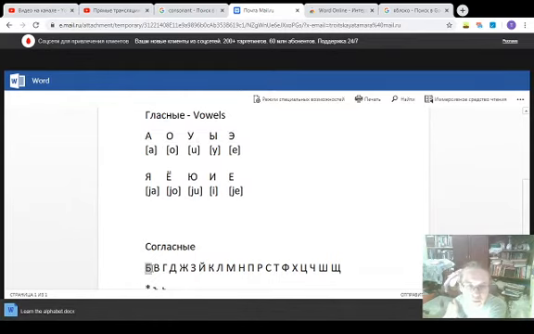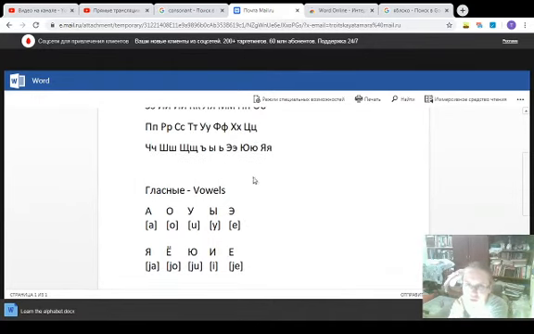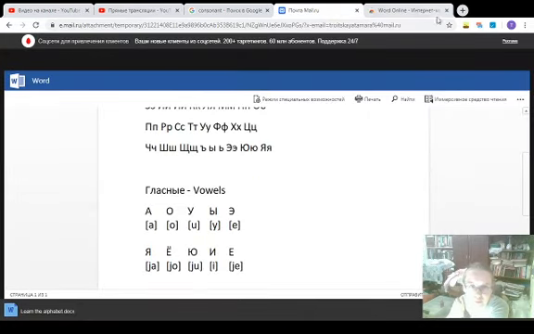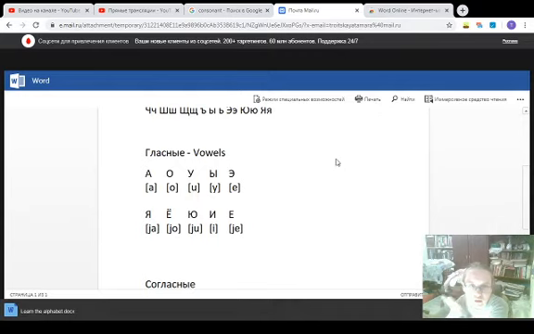For example, we have b and ba, v, va, or vo. So the consonant is hard. We call it hard and soft consonants. But we have some consonants that don't become soft or hard. I will tell about it later, okay? When I explain the consonants.